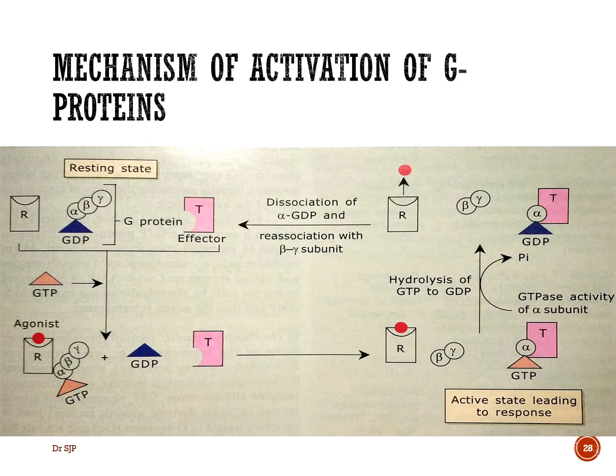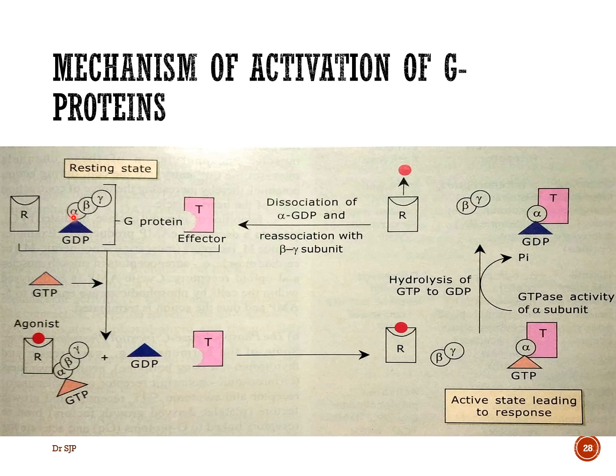So this slide shows us the mechanism of activation of G protein. Now it is very interesting and very easy. So you can see here in the resting stage, the alpha, beta, and gamma subunits of the G protein are linked to one another, and of course GDP, okay, GDP is also bound to the alpha unit.